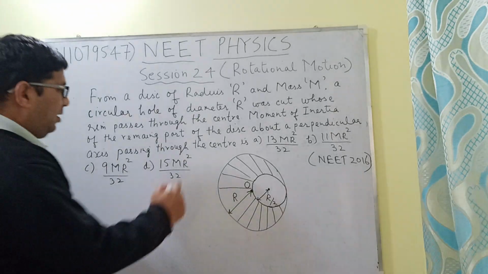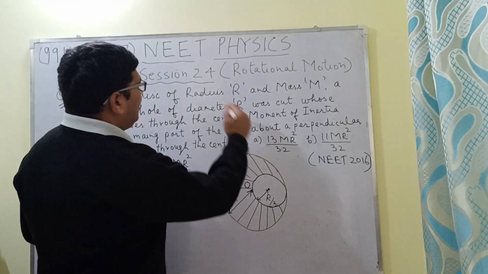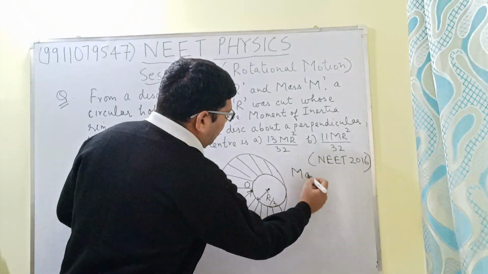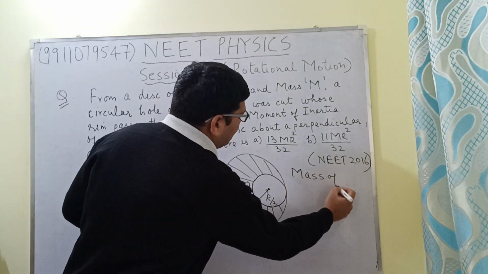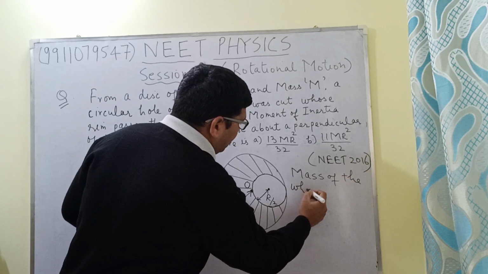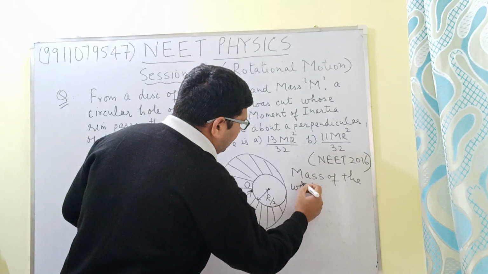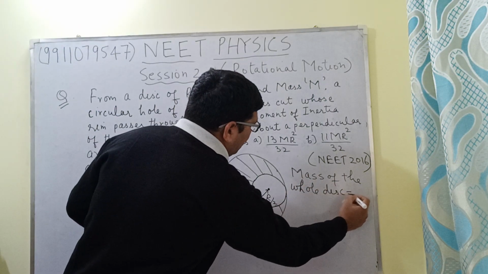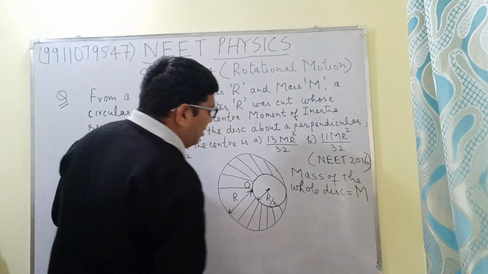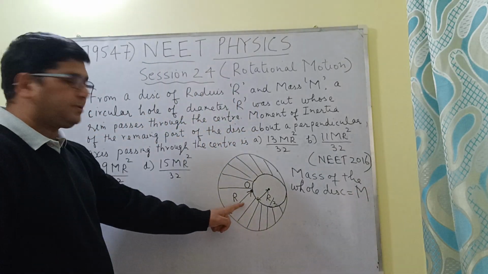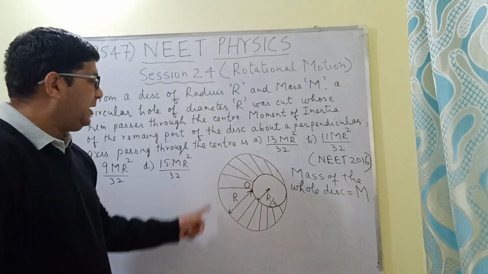Now the mass of the whole disc is given as capital M, and the radius of this whole disc is r.